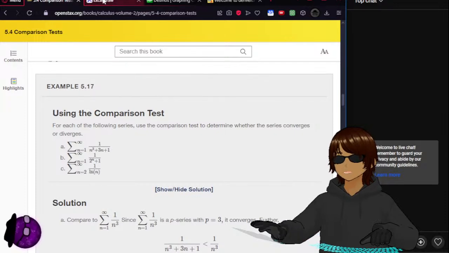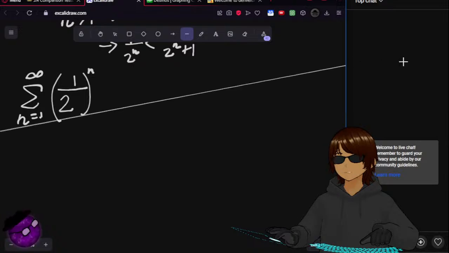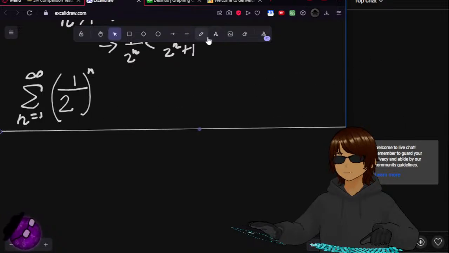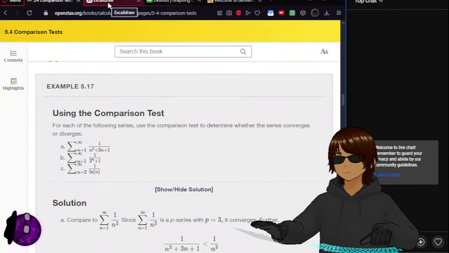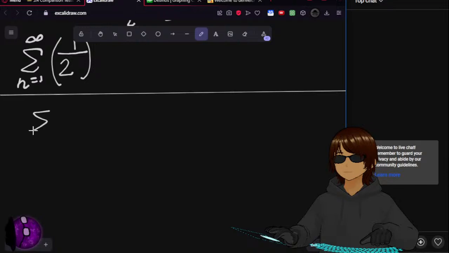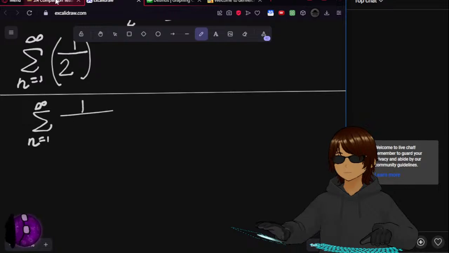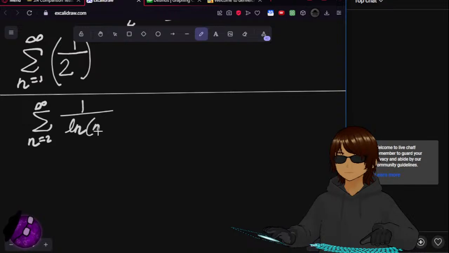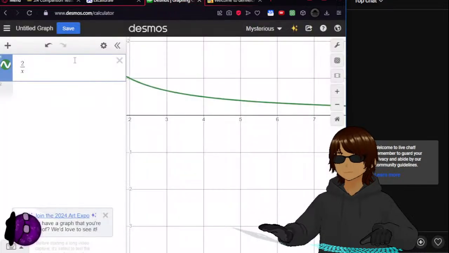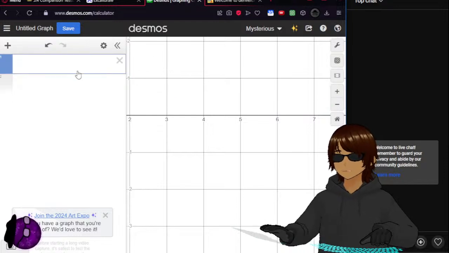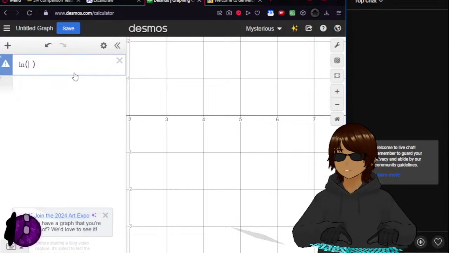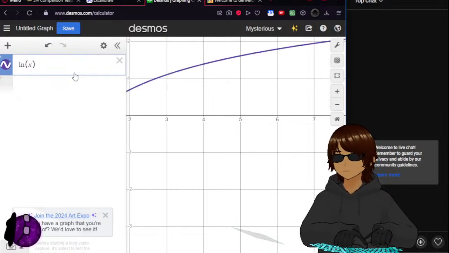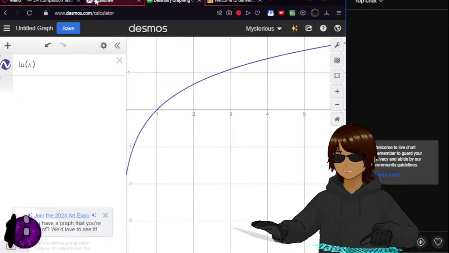Then we are left with 1 over ln. 1 over ln of 0.